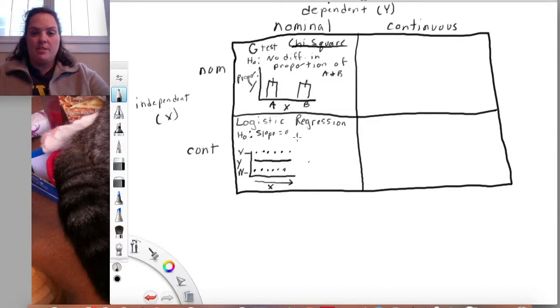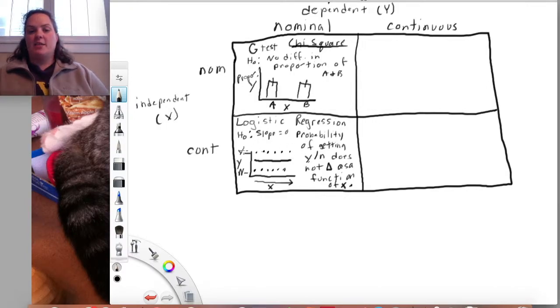Okay, so let me see if I can write that out very small. Probability of getting yes or no does not change, and this little triangle is a change symbol, as a function of our independent variable.